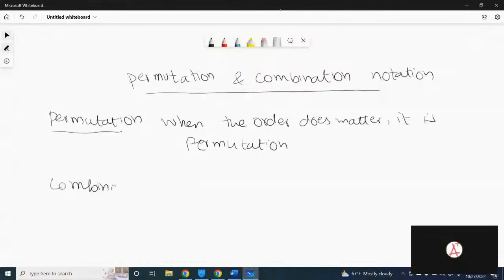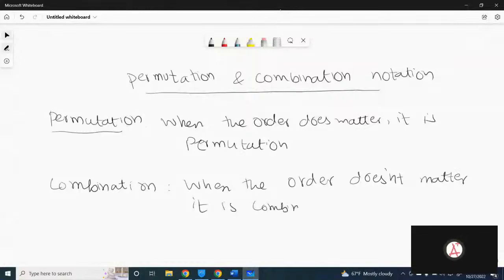And in combinations, the order doesn't matter. When the order doesn't matter, it is a combination. Let's start with the examples, then you'll know what the orders are. Got it?